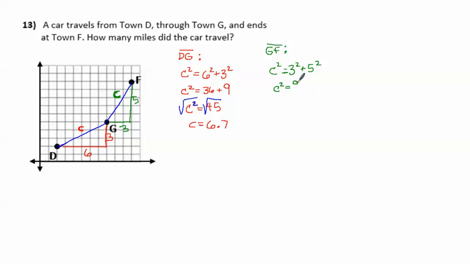C squared is 9 plus 25. You add those numbers together. You're going to get a 34. And remember, again, to get rid of this exponent of 2, you need to do the square root on both sides. In this case, you get a decimal of 5.8.